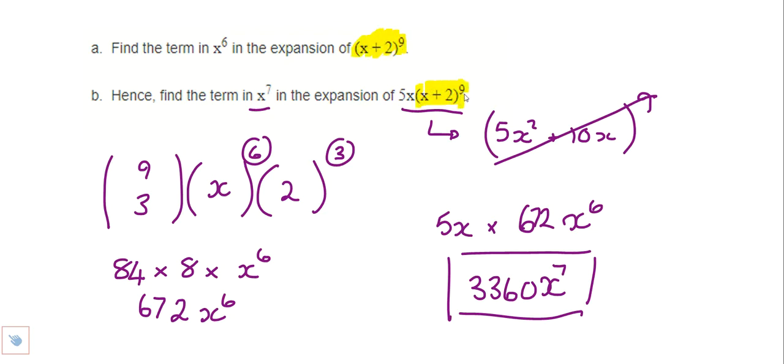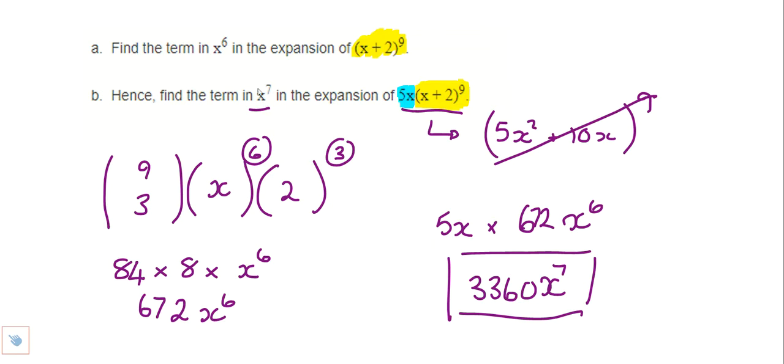So what we were just discussing is you apply the 5x after you've done the (x plus 2) to the power of 9. Yeah? It has to be done to every individual term. You can't expand the brackets and then do the expansion. Yeah? So that's what we're saying. So once we've done this expansion, we apply everything.